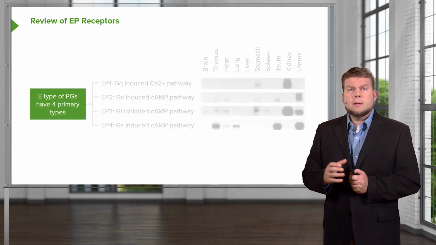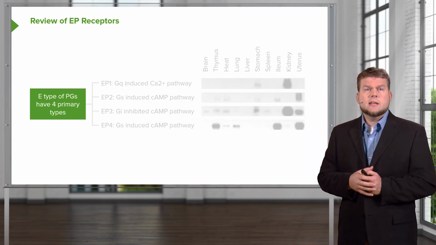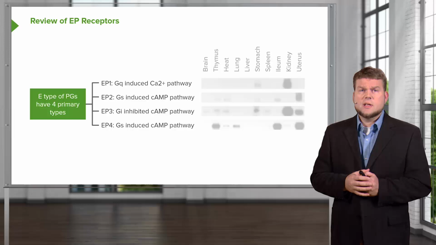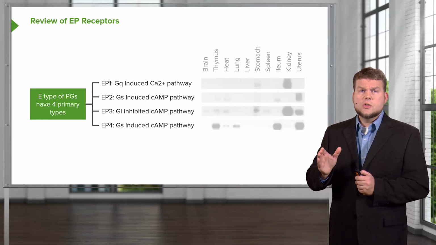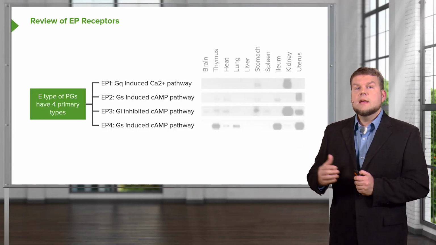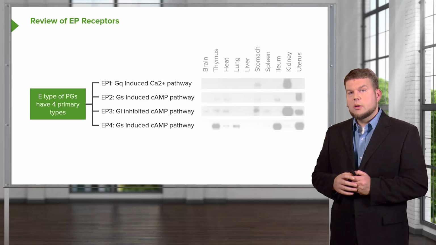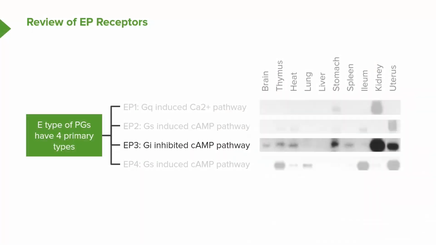So this is an example of the various types of prostaglandin receptors and the four primary types of receptors. And those are EP1, 2, 3, and 4. They each use a slightly different second messenger signaling pathway, but EP3s are what we want to concentrate on. You can see that as the band here.